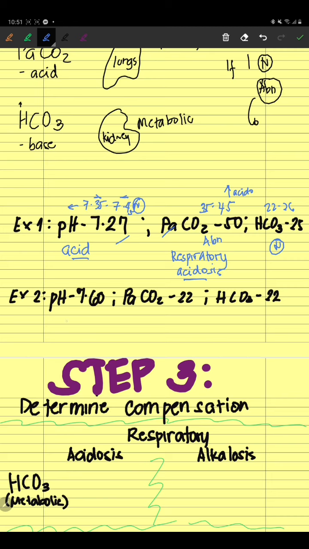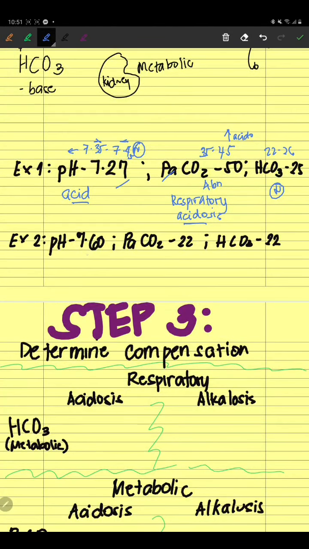Now, let's go to example number 2. In your example number 2, your pH level is 7.6. That is also beyond the normal of 7.45. So, since more than yan, we know that that is already alkalosis. PaCO2 naman, normal level, 35 to 45.